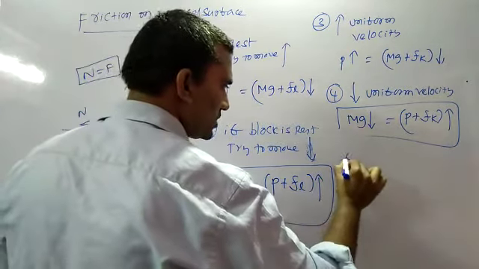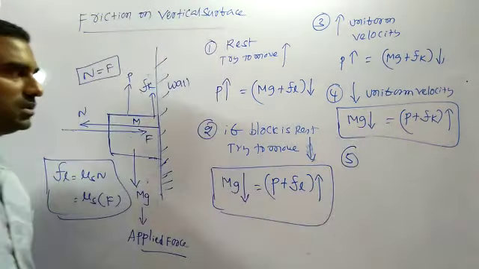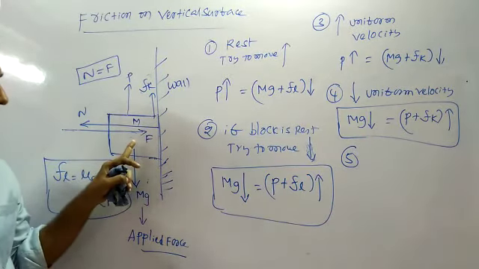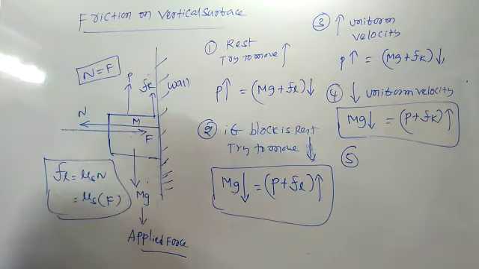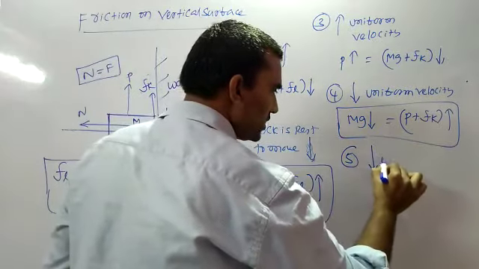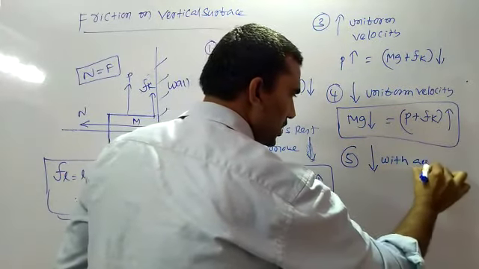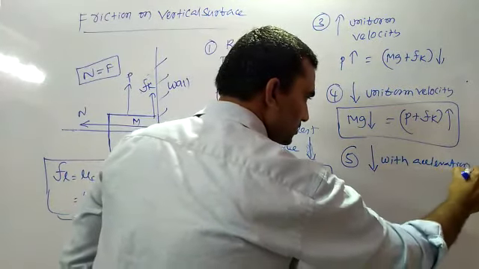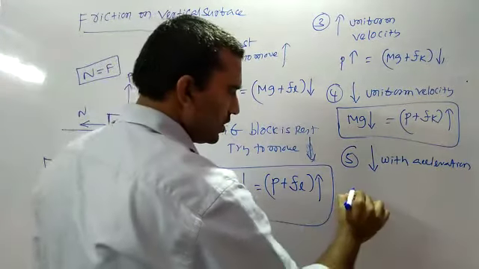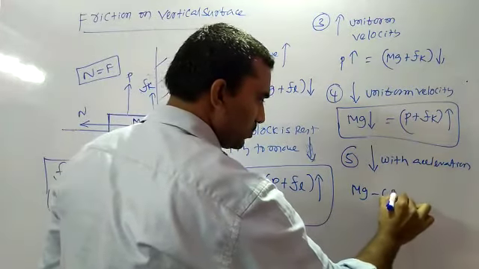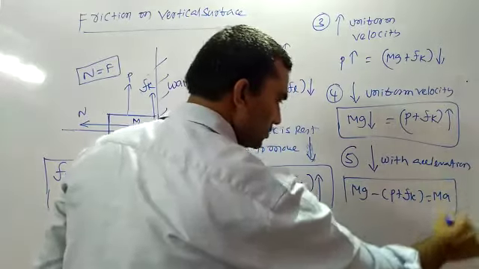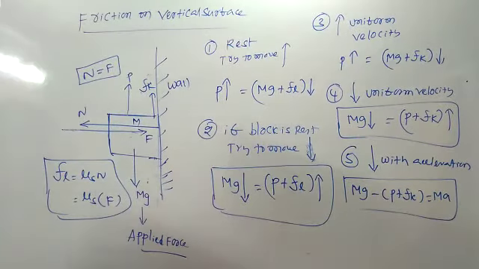Next, fifth case. If the block is moving down with acceleration, friction acts upwards. The net force on the block is mg minus (P plus fk) equal to ma.